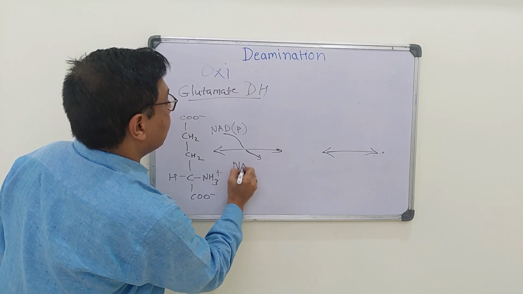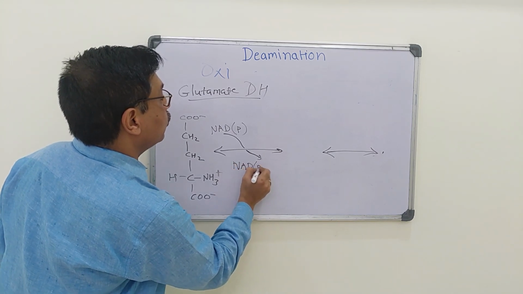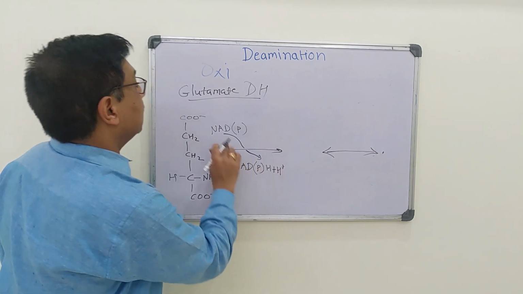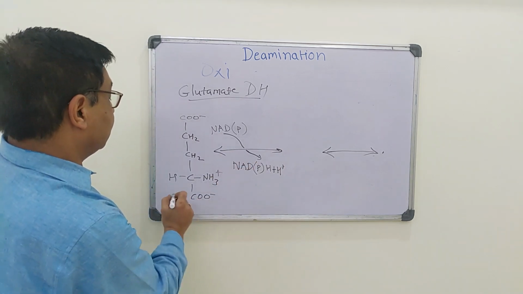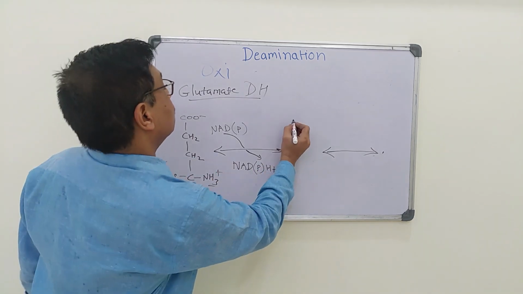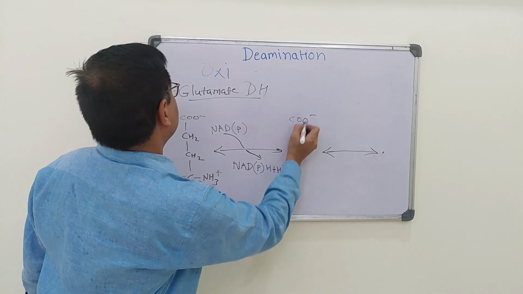This NAD or NADP is converted into NADH plus H plus or NADPH plus H plus. Two hydrogen atoms are removed to synthesize this.